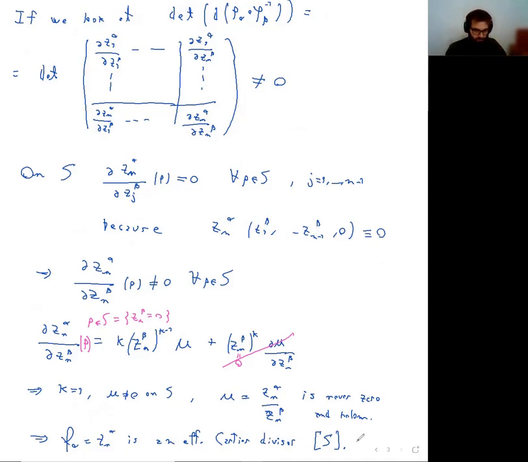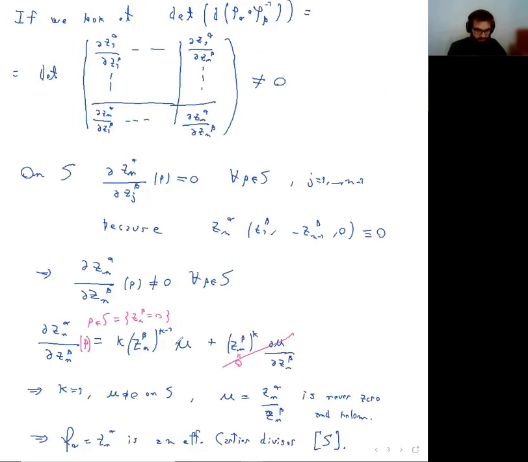And we have something more on S. Remember that this Zn alpha over Zn beta, if you restrict it to S, is the same as the function u restricted to S. When we restrict this whole thing to S, looking back at this formula, you are left with this derivative, k equal 1, times 1 times u.